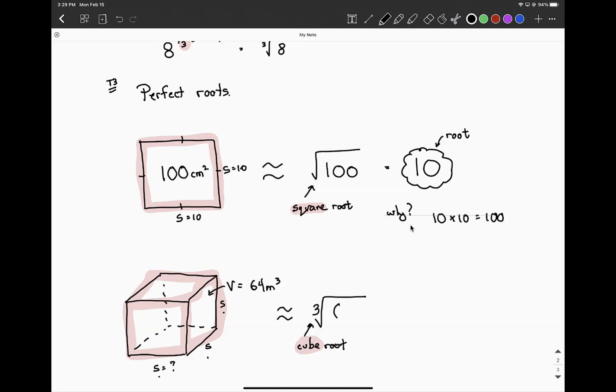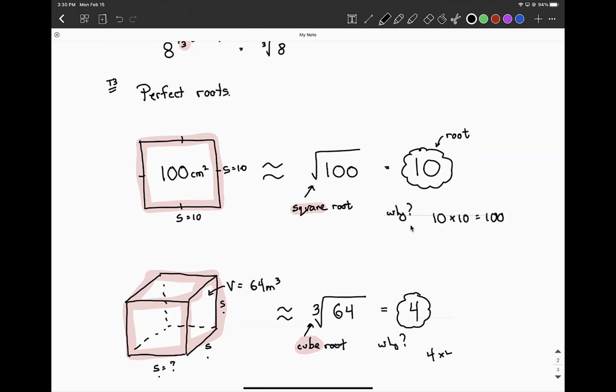And if I took the cube root of 64, you would be quite happy about this root. This is a perfect root. It doesn't come out to a decimal. It doesn't come out to 18.2 or anything like that. It comes out to exactly 4. Why does it come out to 4?